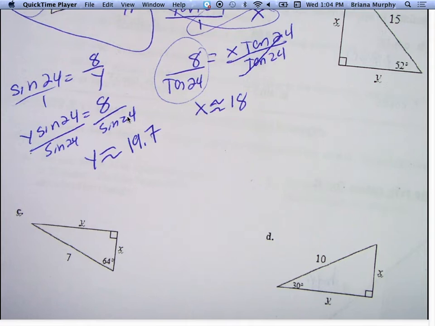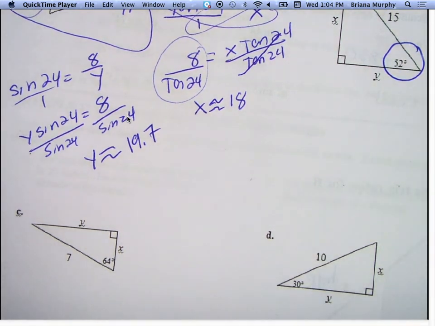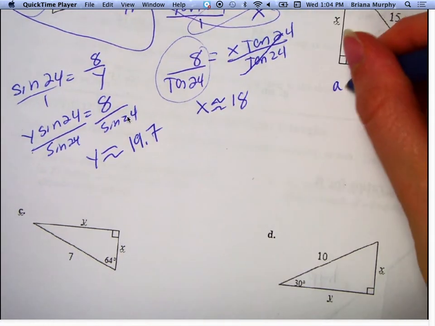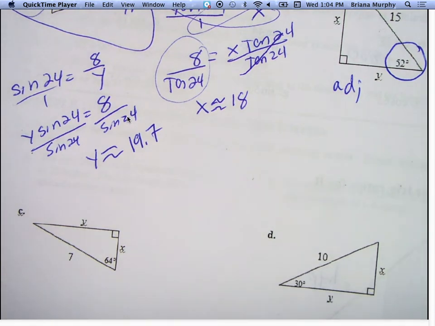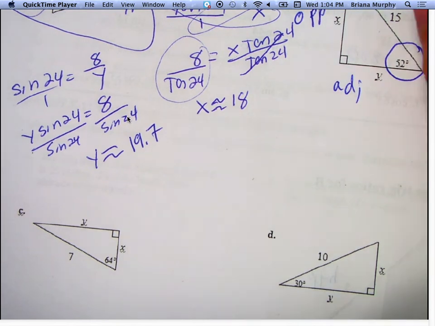Okay, so now we're going to move on to the next problem, which is letter B. We're going to do the same thing. We've got 52, and what is y to 52? Adjacent. What is x to 52? Opposite. What is 15? Hypotenuse.